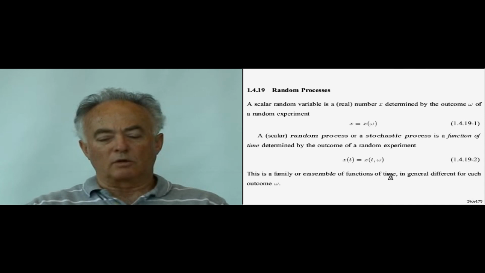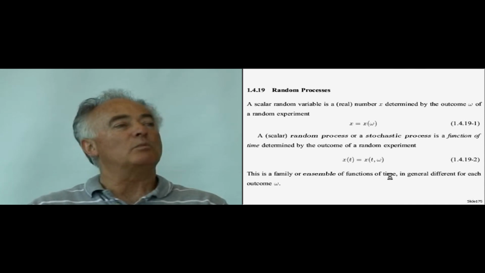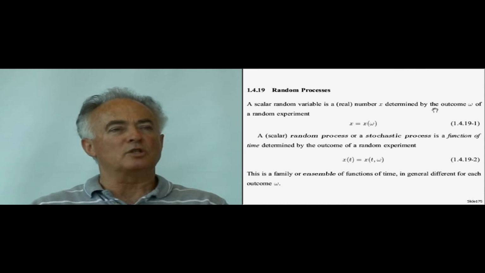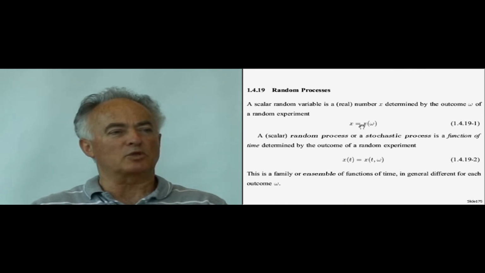Next topic will be random processes. We have seen random variables. A scalar random variable is a real number x determined by the outcome omega of some random experiment. So x is a function of omega.